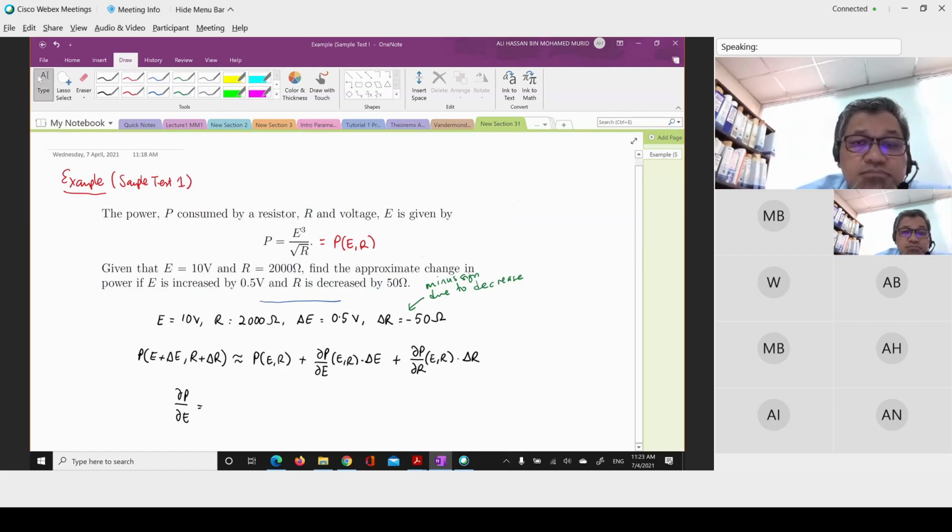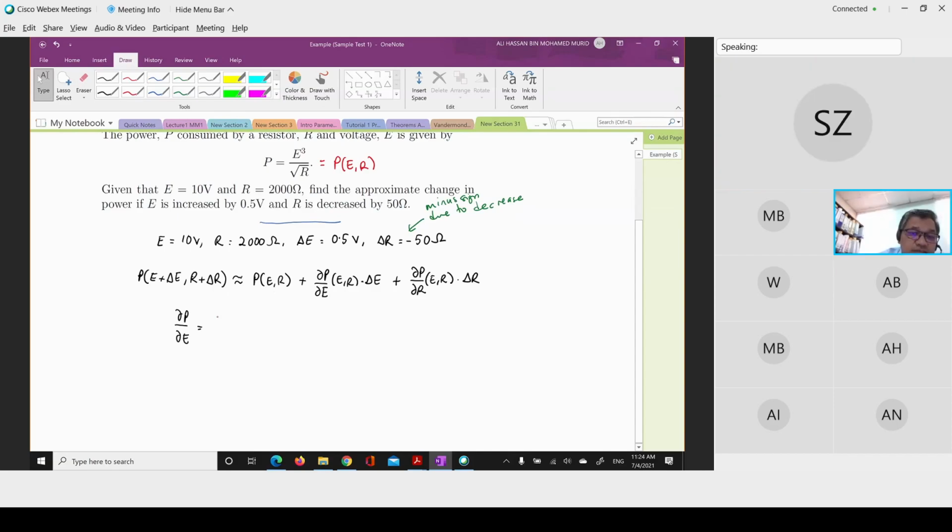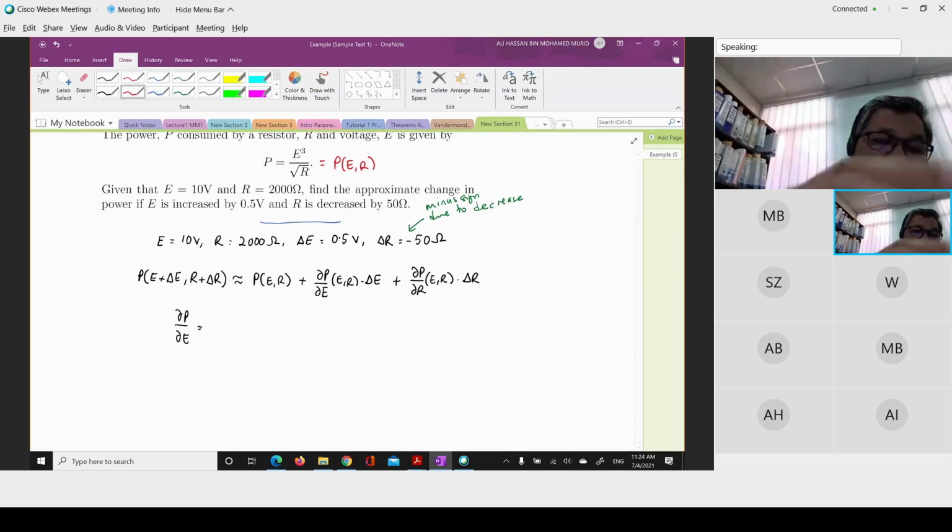You should be an expert by now. 3E squared over square root of R.